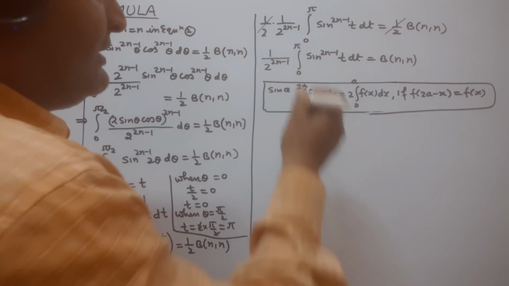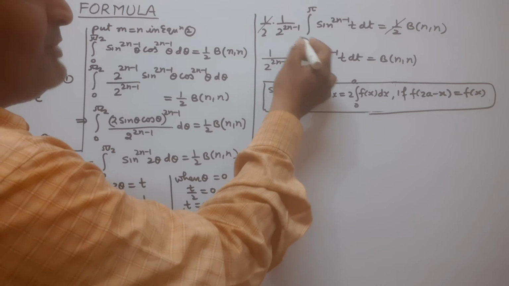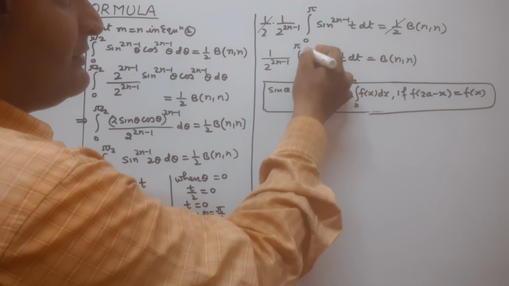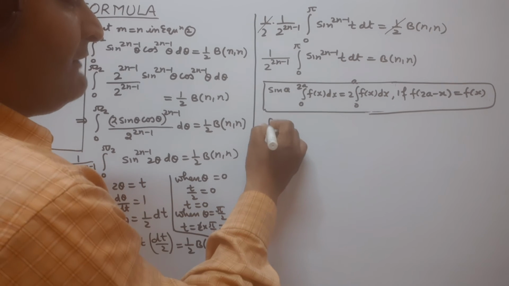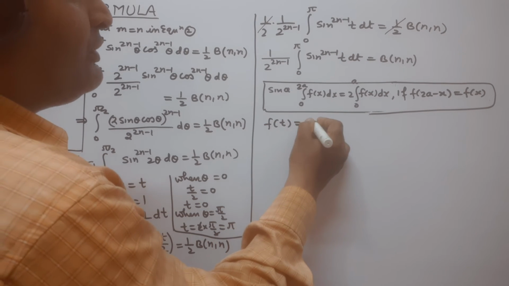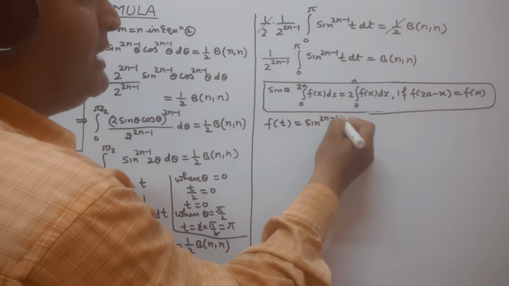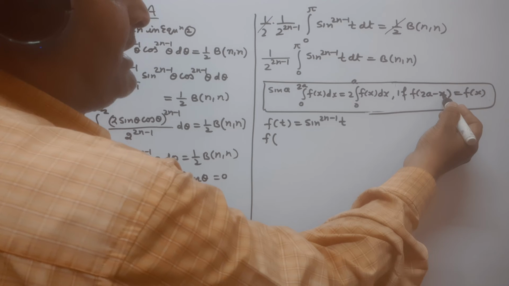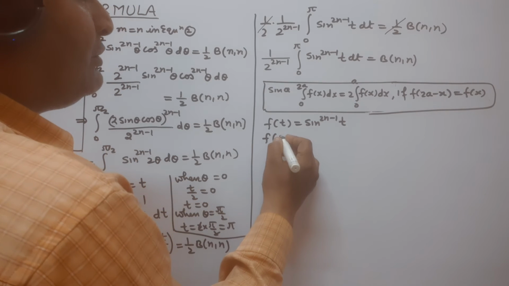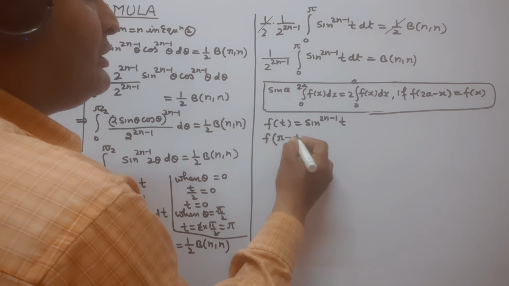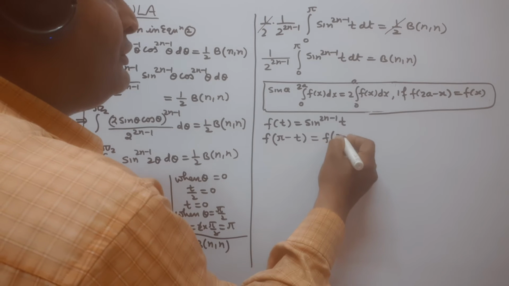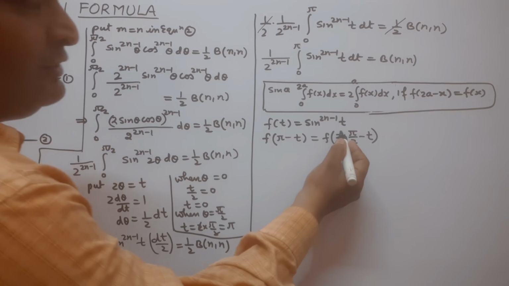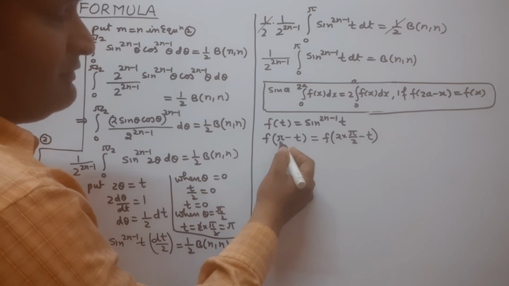Here we can see in place of 2a this is pi, and in place of f(x) this is f(t), so here f(t) is equal to sine to the power 2n minus 1 t. So first we write f(2a minus x), 2a is here pi, so this is pi minus t, and 2 multiplied by pi by 2 gives pi here.